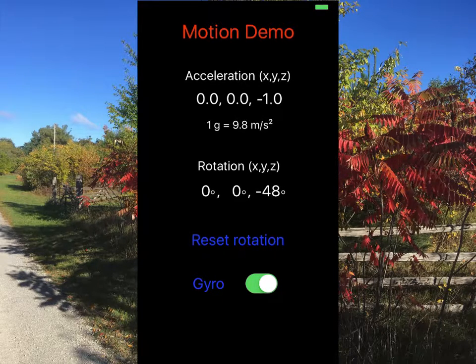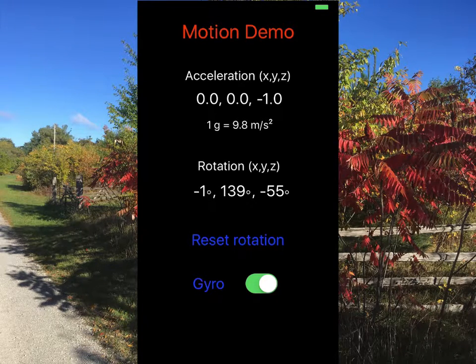Now if I pick the device up, you'll see all kinds of activity. I'm going to rotate it around the z-axis. Rotate it primarily around the x-axis. Now you'll see the other ones change too because holding it is not perfect. And so on. I'll lay it down again.